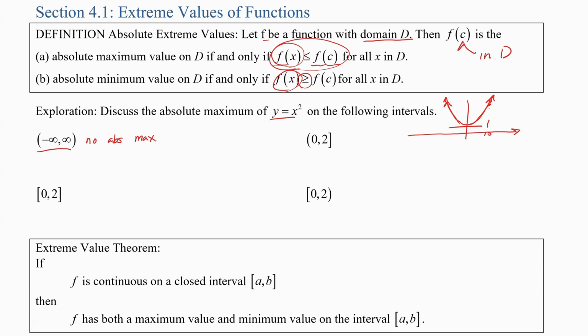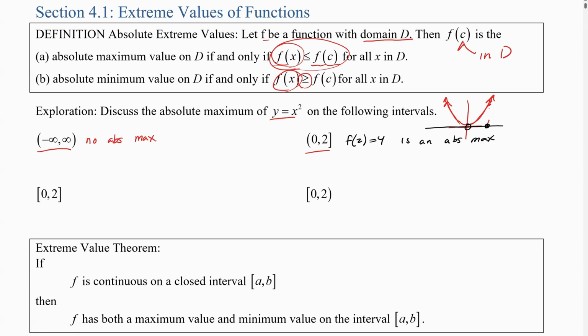But let's say we change the domain to open at 0 and closed at 2. I can clearly say that f of 2, which is equal to 4, is an absolute max.